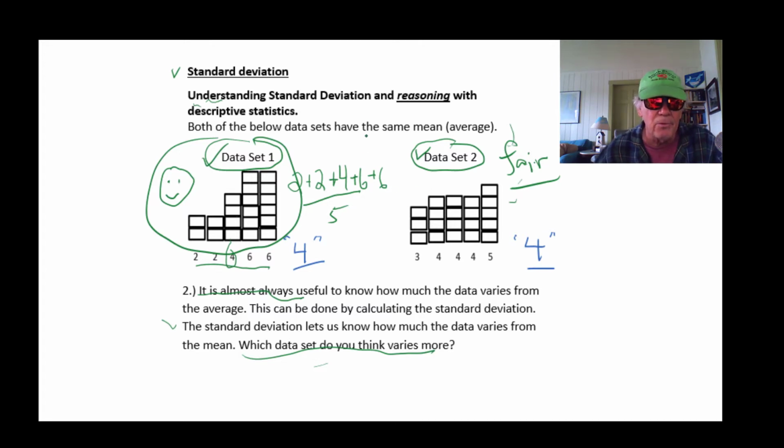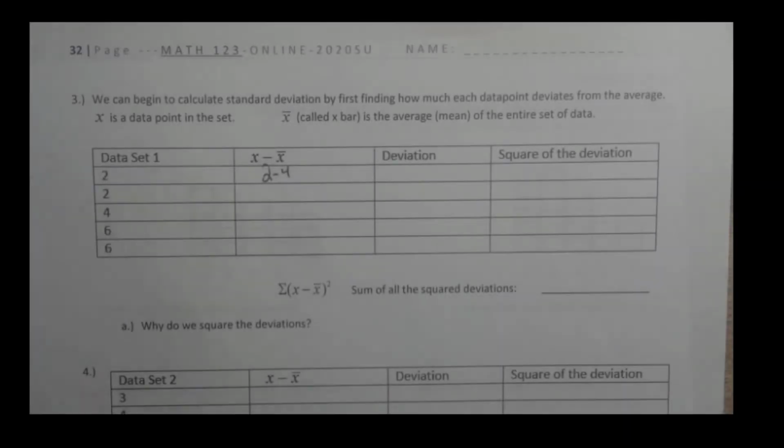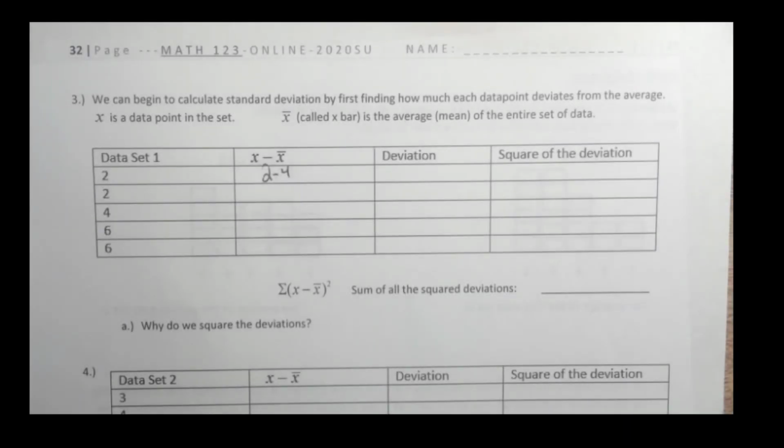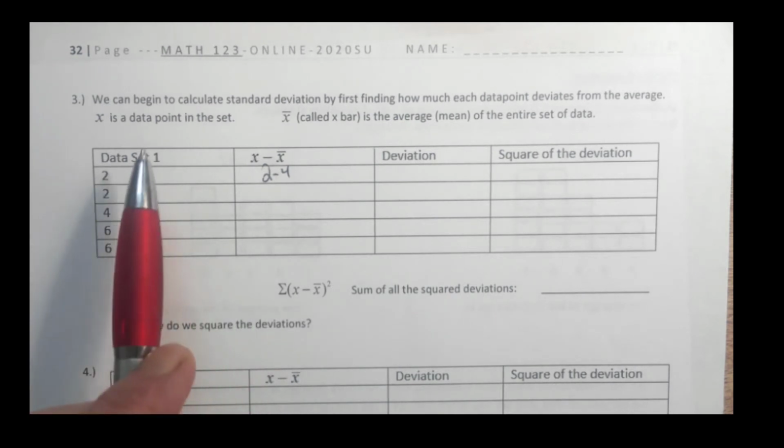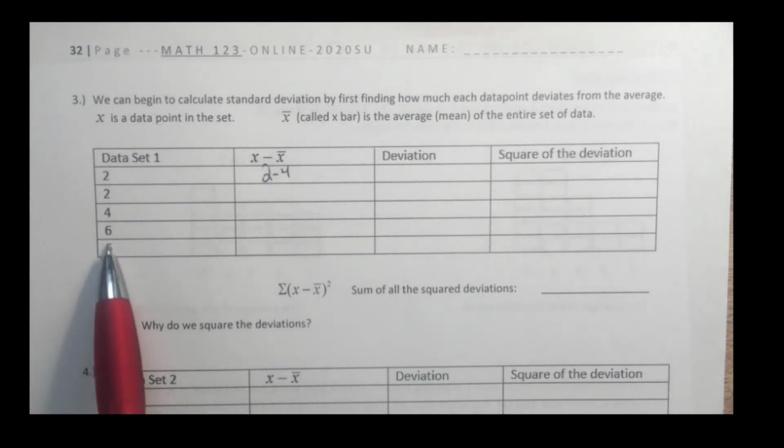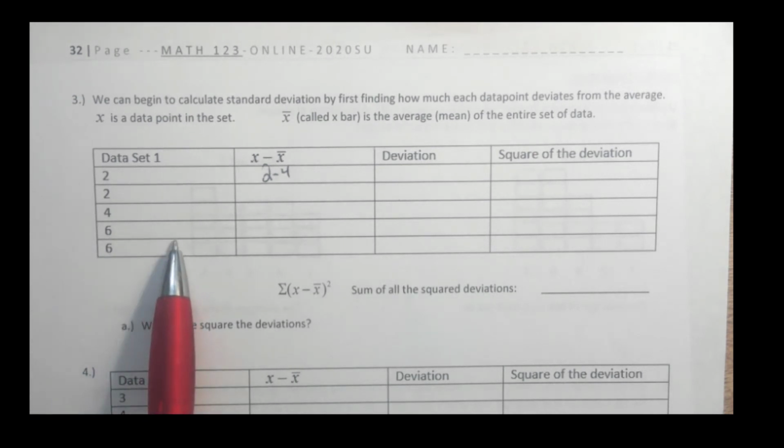Okay, we're going to go through the actual formation of the standard deviation. Well, we're doing it because it actually will give you a deeper understanding of it. Okay, so we are going to look at data set 1, which we determined had more variance to it. We're going to calculate the standard deviation.